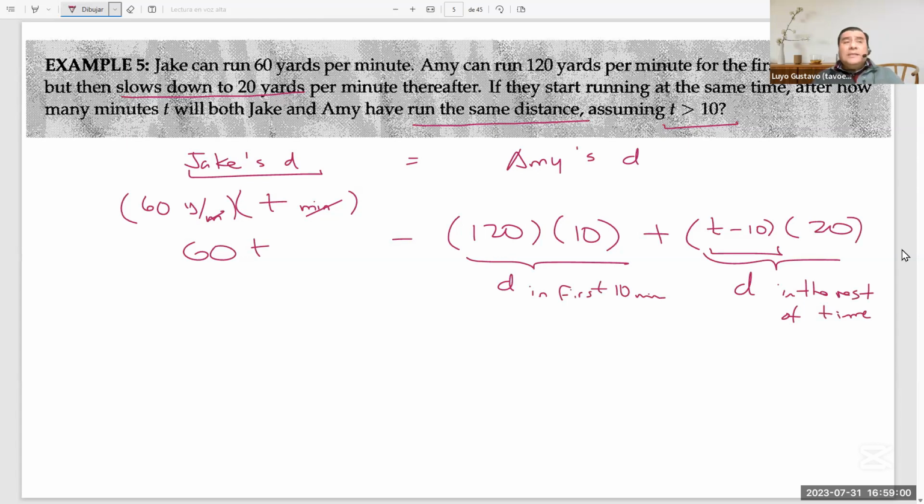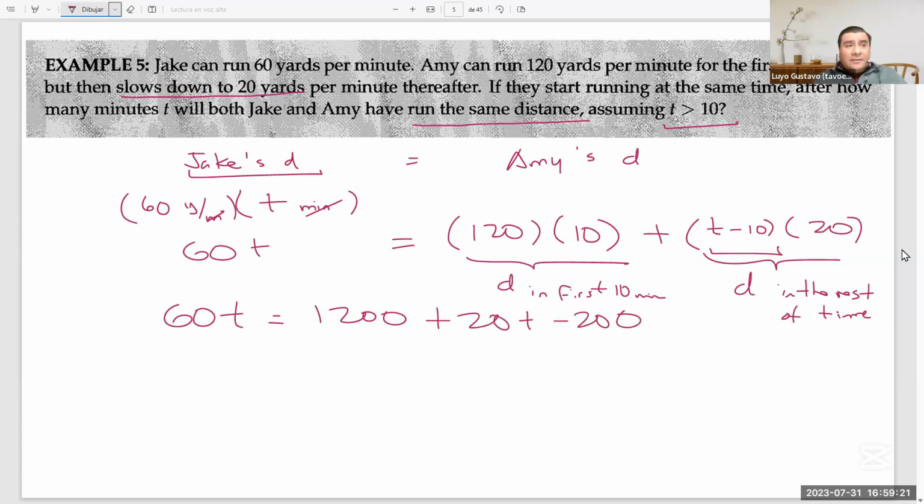So now, since this is an equality, we have set up an equation in terms of T. 60T equals 1200 plus 20T minus 200. So what do we have?